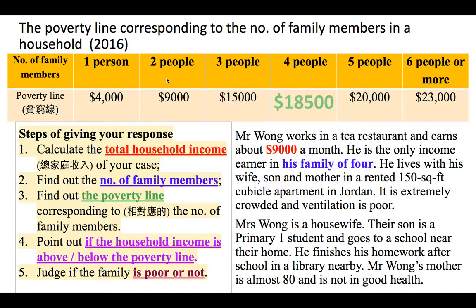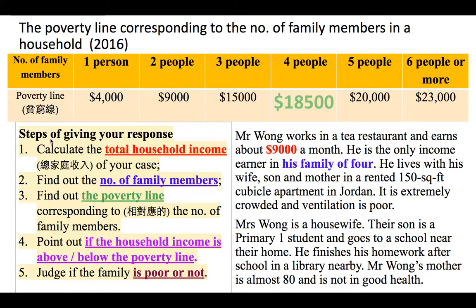If the family has 2 people, the poverty line is 9,000, and so on. And if I remember, in Mr. Wong's case, he has a family of 4. So you should pay attention to the number here, 18,500. This is the poverty line of a 4-people family.